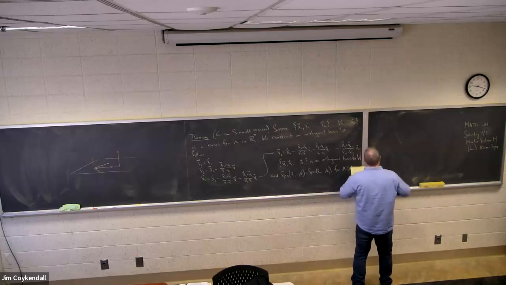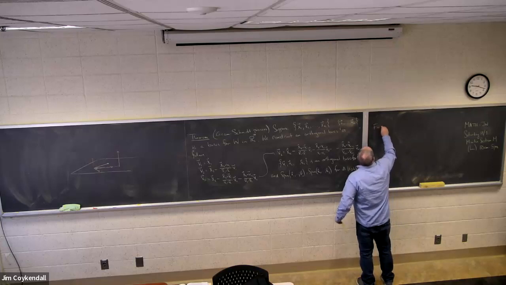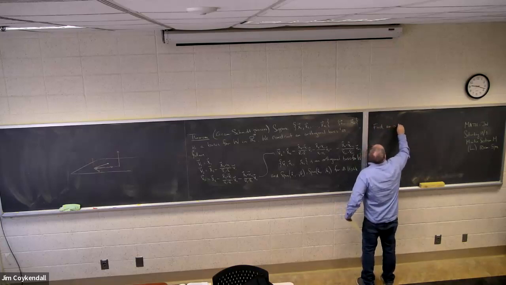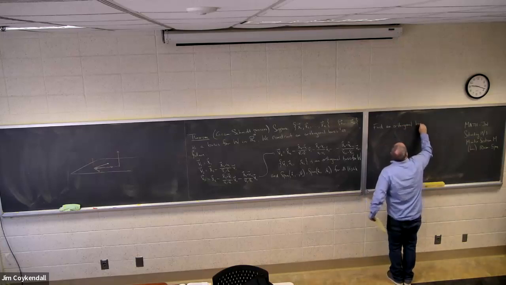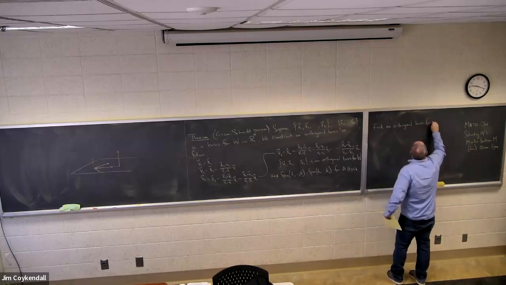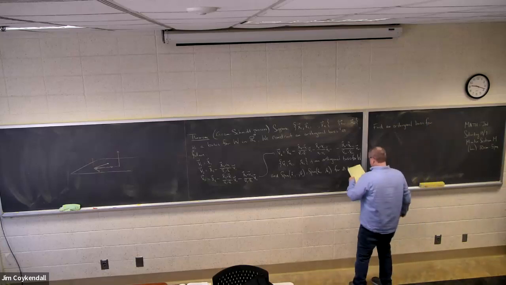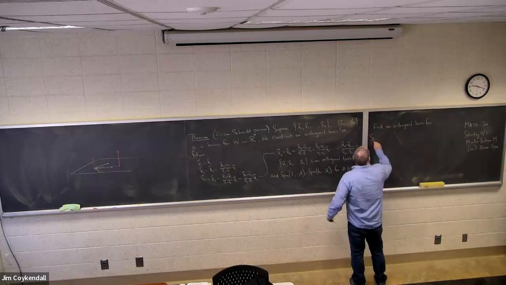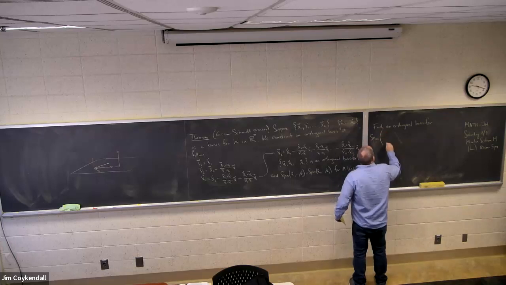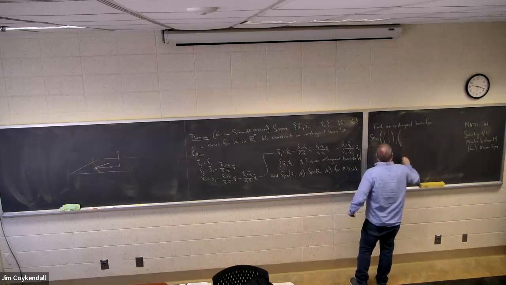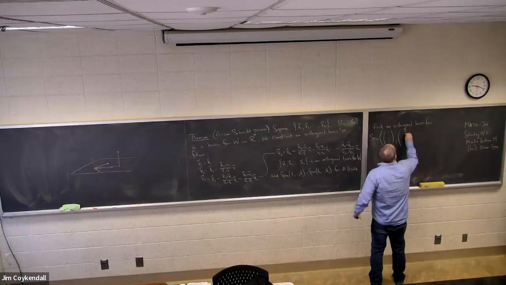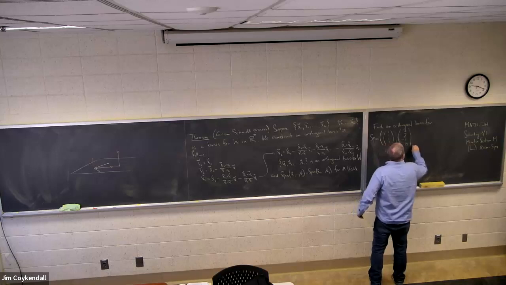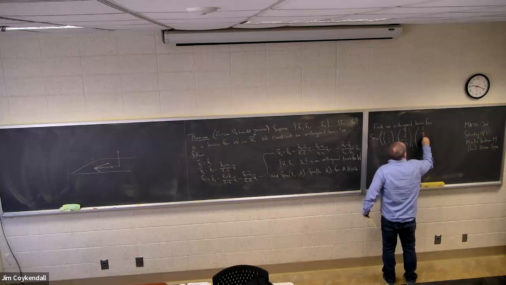Let's find an orthogonal basis for the span of (1, 1, 1, 1), (3, 2, -1, 0), and (1, 3, 3).